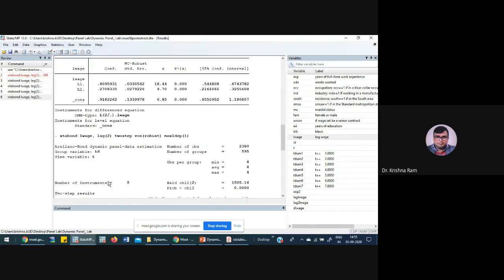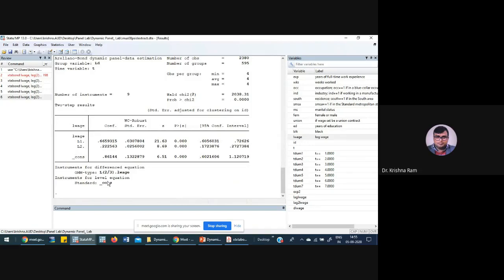So you see here the sensitivity in the result with respect to the number of instruments. The result changes when we use a different number of instruments. So you can see the Arellano-Bond estimator, which is based on the GMM estimator, is very sensitive to the number of instruments used in the model.